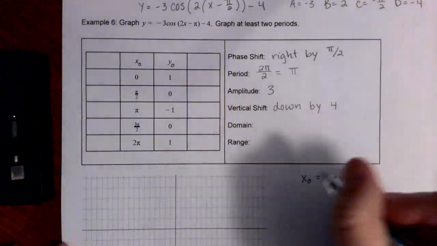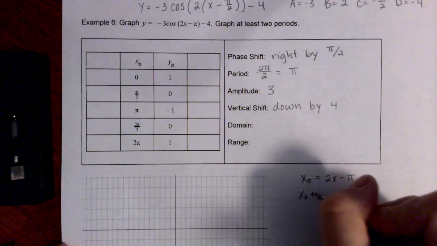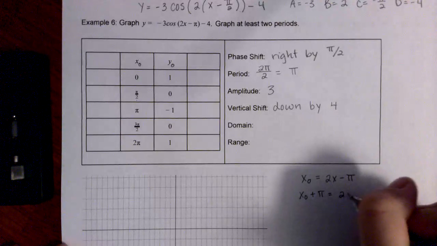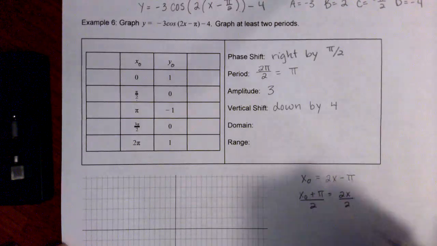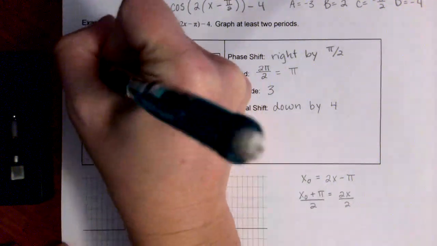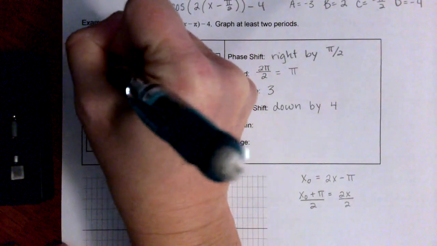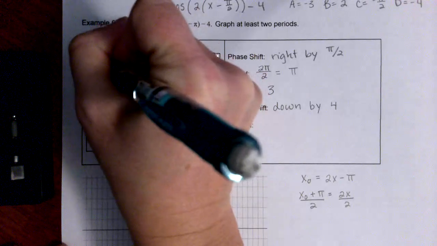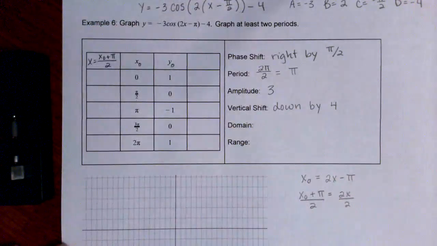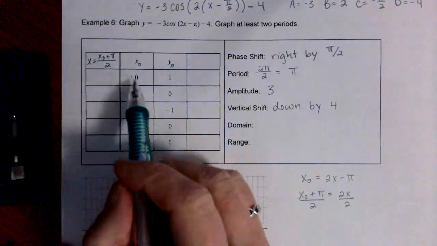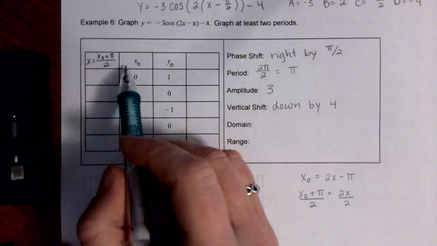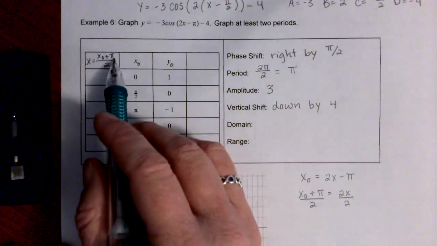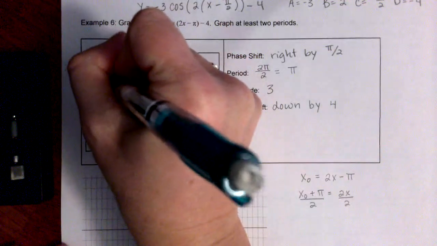So solving for x, I get x0 plus pi equals 2x. I divide everything by 2. So my x is going to be x sub 0 plus pi divided by 2. I always do my pi's first. x0 plus pi is pi divided by 2, this becomes pi over 2.